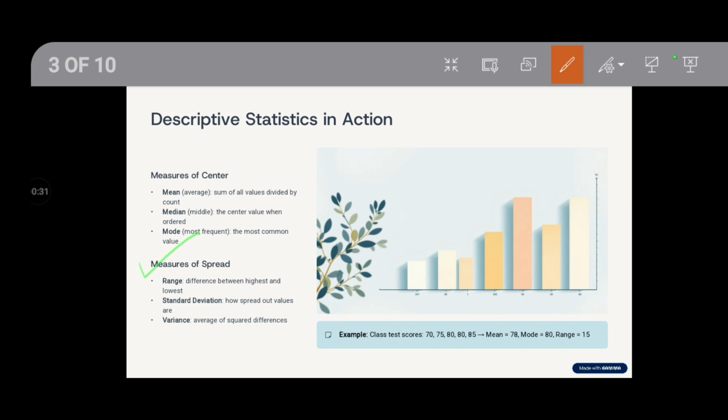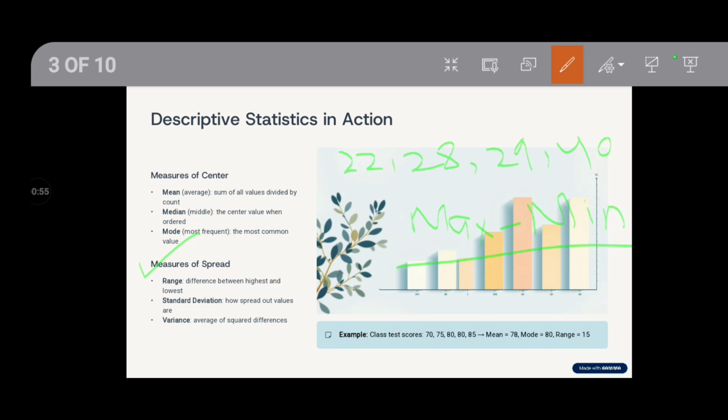Let's say we have a data set like 22, 28, 29, 40. I'll just pick a random data set, and we have to find the range of this. To find the range, the formula is maximum value minus minimum value.